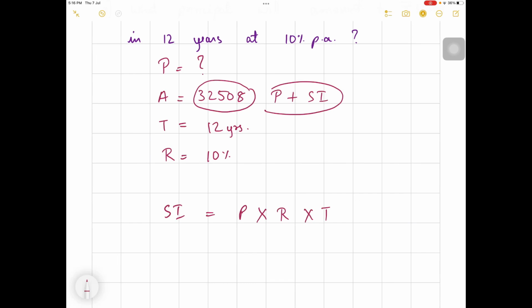Here we have to use actually a different formula.